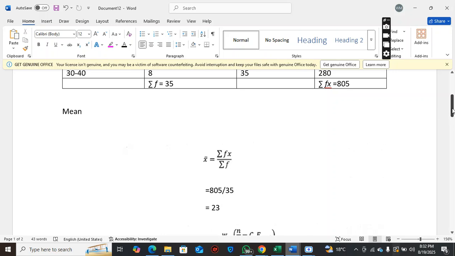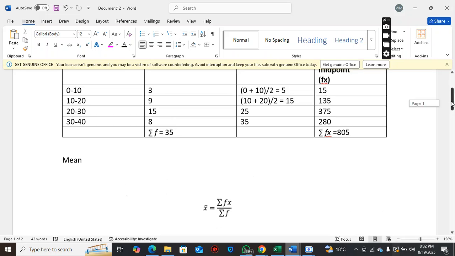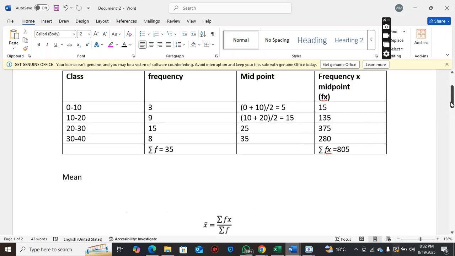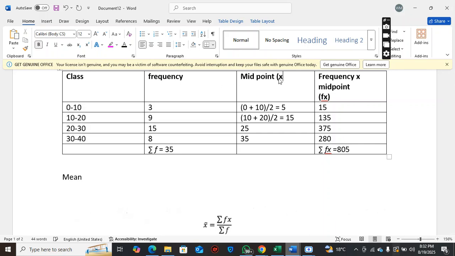This was the midpoint. We're calculating the midpoint for the classes. That's the first thing you need to do: get the midpoint for each class.